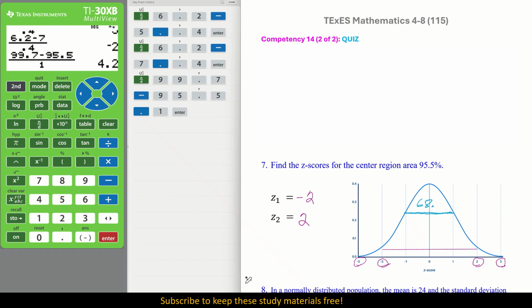I just use this one because I like the green color. Doesn't matter, okay? They will change that from 68% or 68.3, or I have seen 68.2.